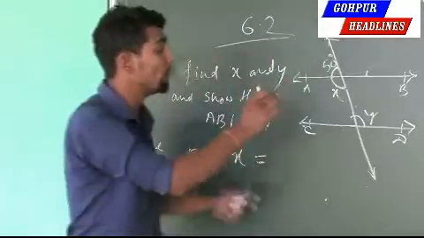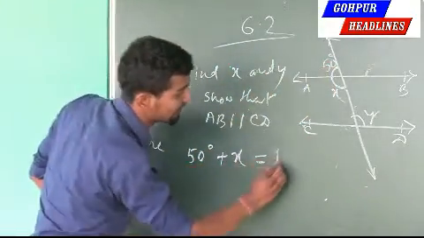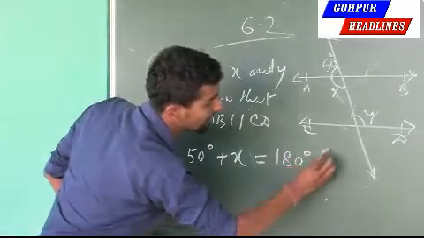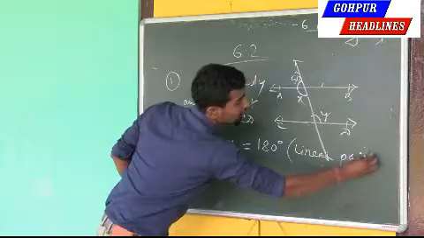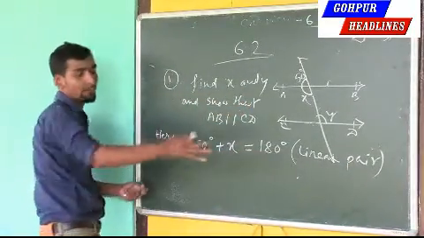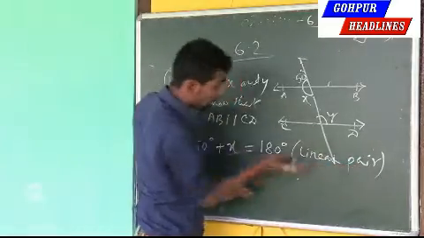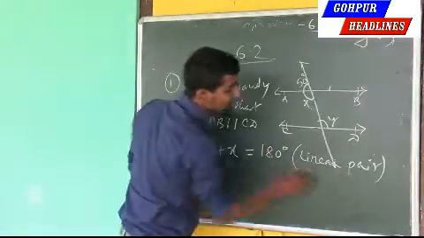These two form a linear pair. So 50 plus x is equal to 180. I write this is a linear pair; we must give the reason why these two add up to 180.